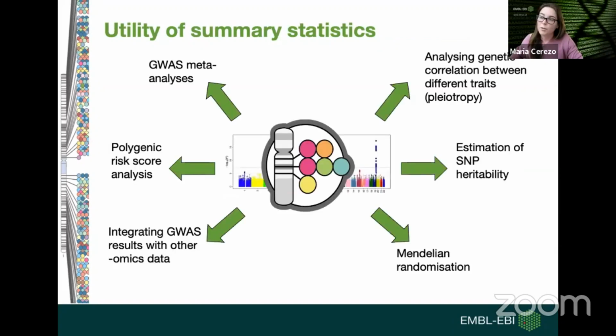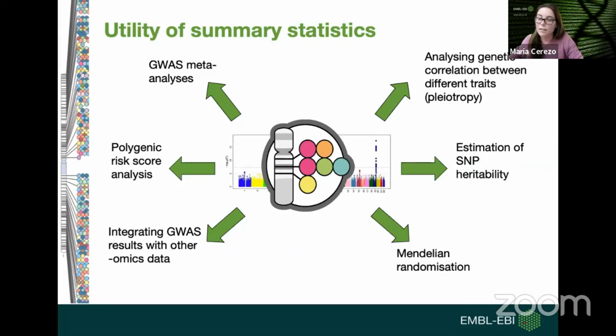As I mentioned before, another thing that we started to do a few years ago is host also the summary statistics. Those are the full data set that has been analyzed in a study, not only the top SNPs. The utility in recent times is quite big, and for that reason, a lot of our users are requesting summary stats.